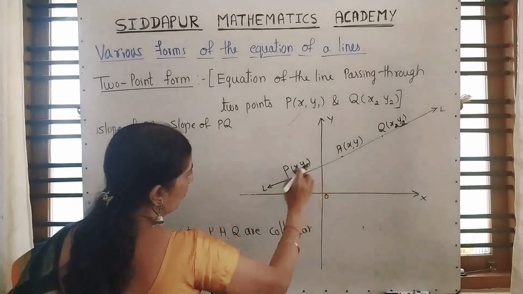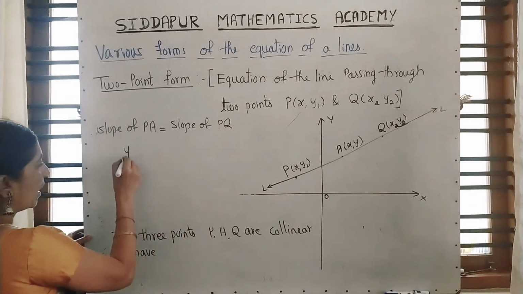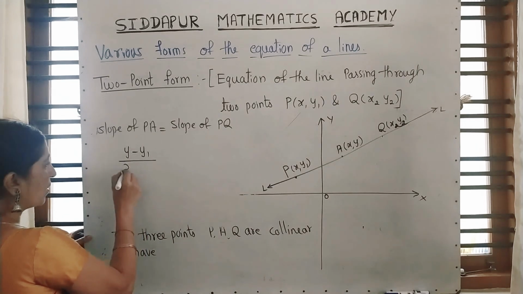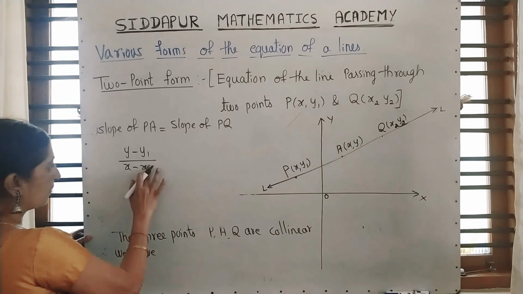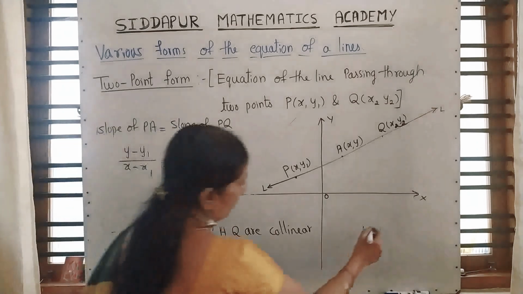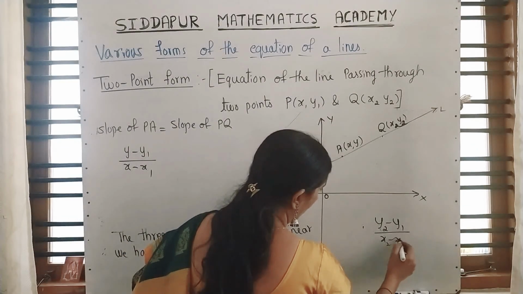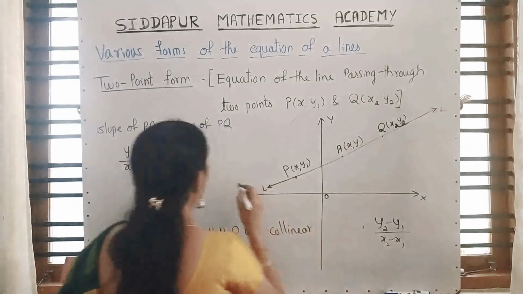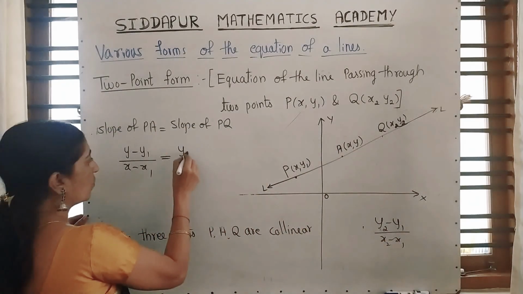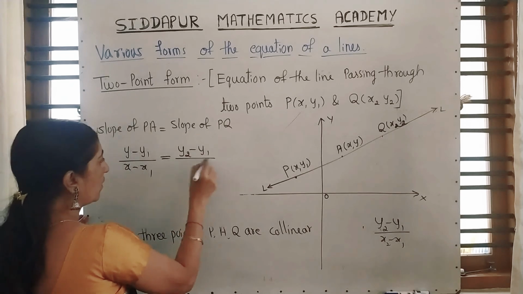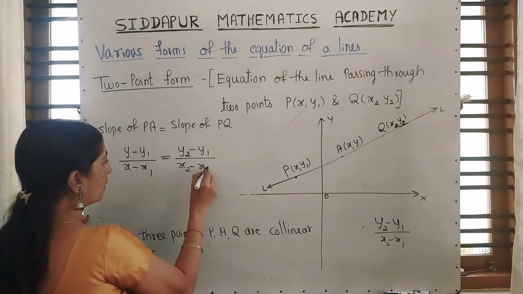First I am writing the slope for these two. Slope of PA is (y - y1)/(x - x1). Slope formula: (y2 - y1)/(x2 - x1). Next, slope of PQ is (y2 - y1)/(x2 - x1).